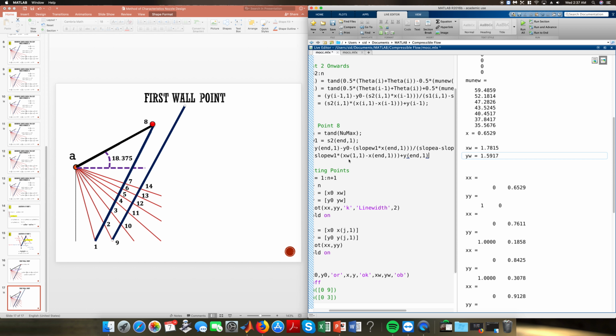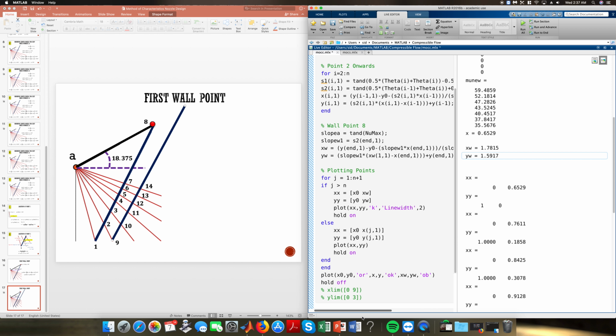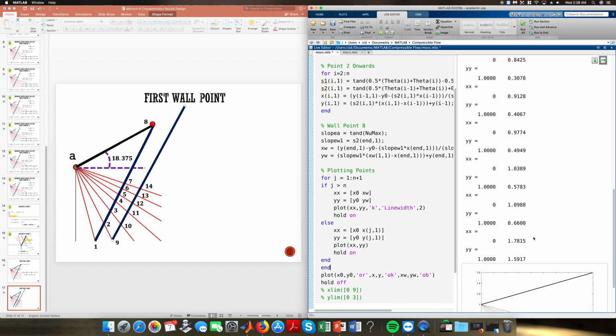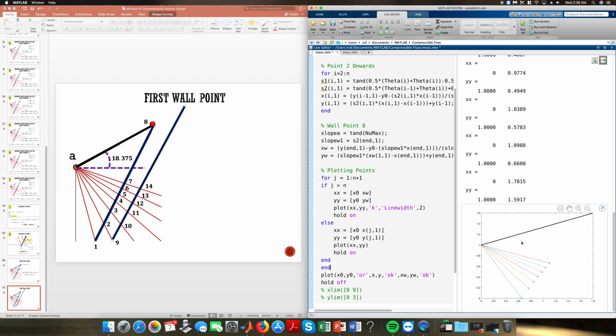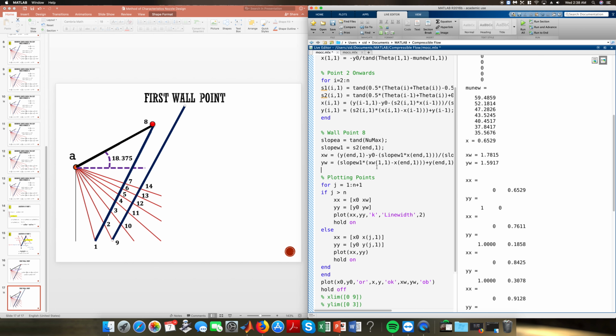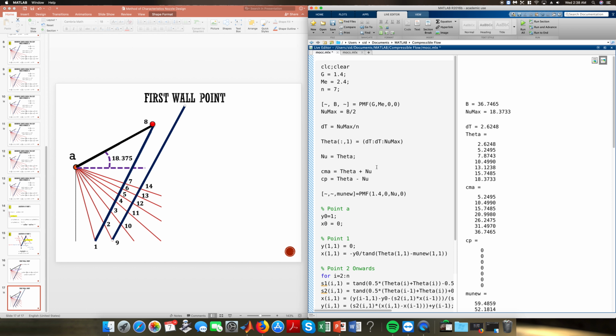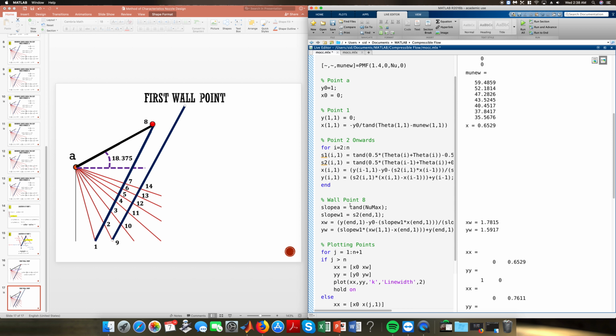So hopefully this makes some sense on how you can code this method of characteristics. Again, guys, it's not terribly complicated, but all you have to do is keep track of your locations and your slope. If you can do that, it just comes down to plotting lines in MATLAB.